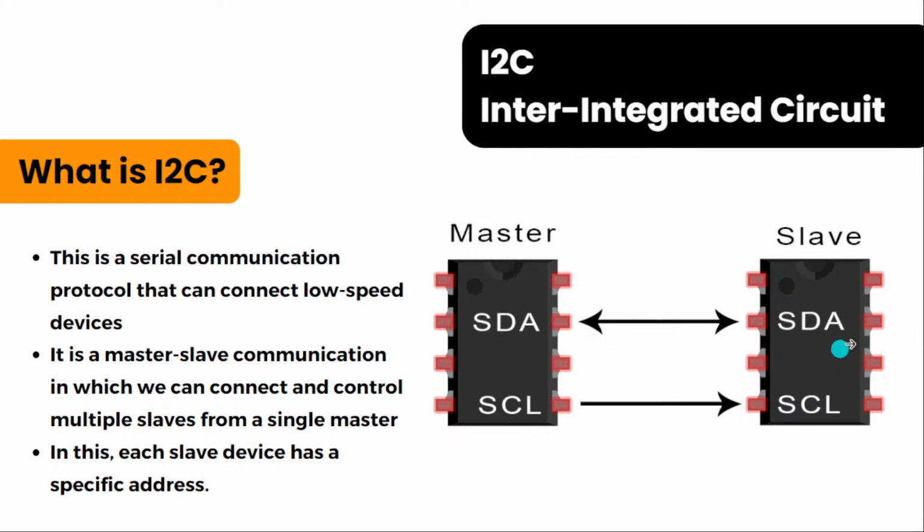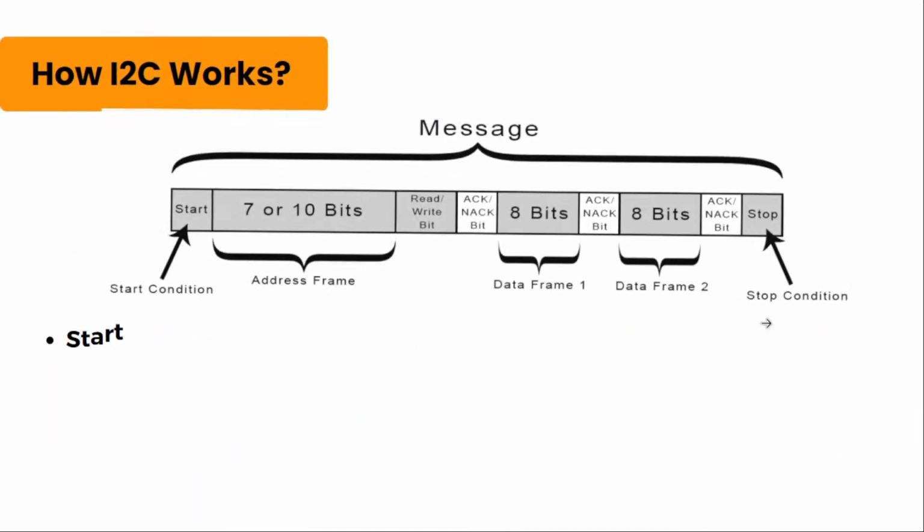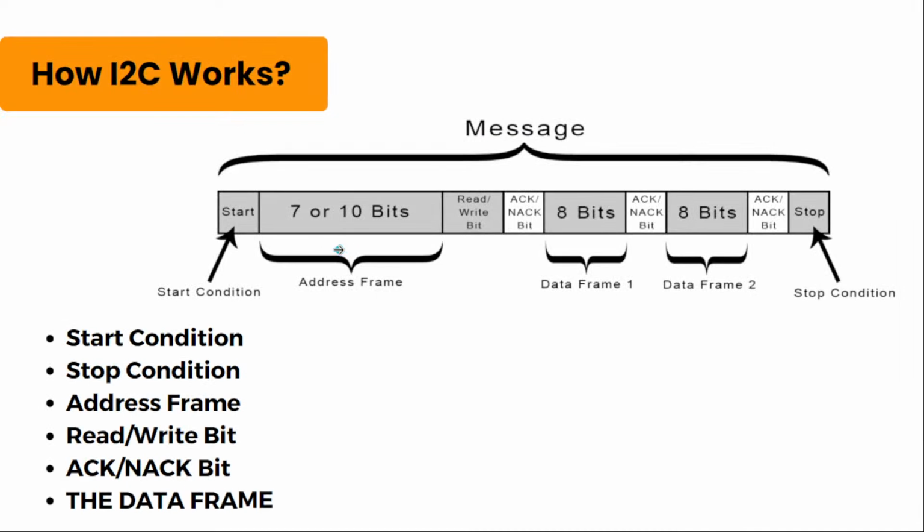And now let's see how I2C works. With I2C, data is transferred in messages. Messages are broken up into frames of data.